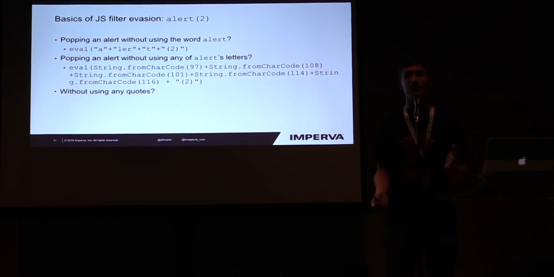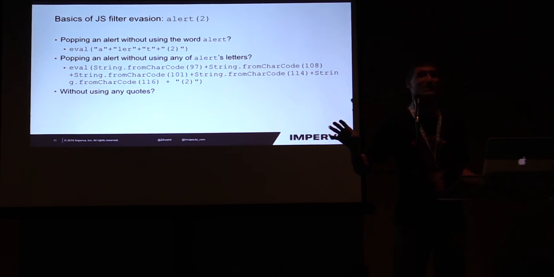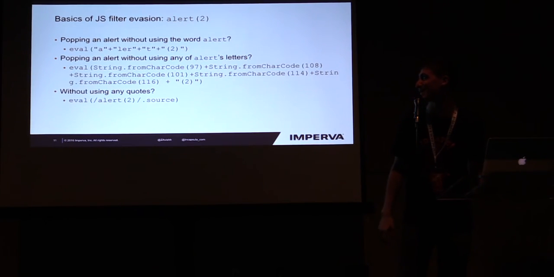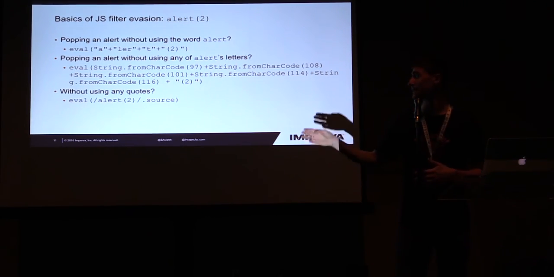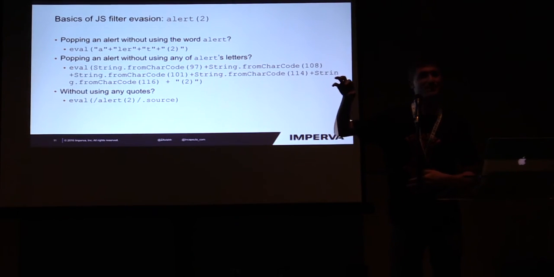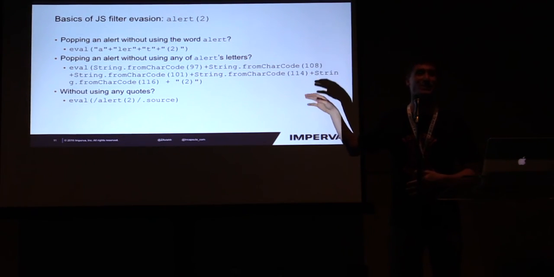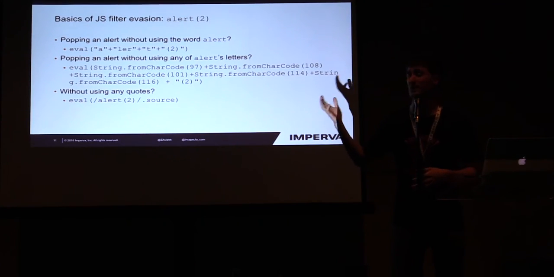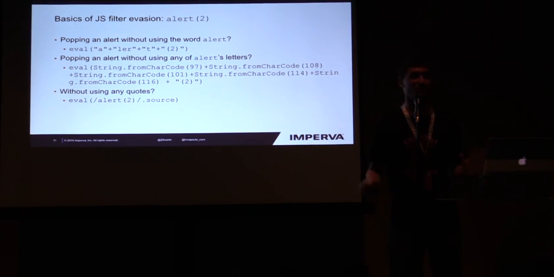And without any quotes, you're almost there, right? Yeah, I'm almost there, but I wanted to show a different method. It's this. /string/.source returns the string itself. Okay? So these are many different methods of bypassing explicit words.